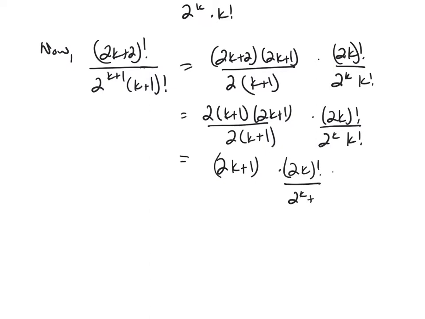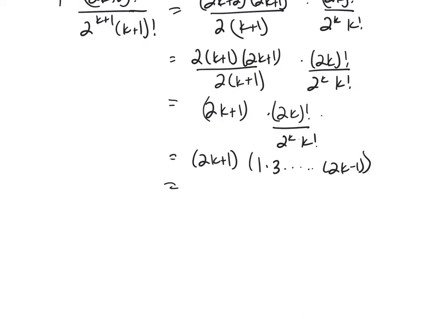And we can use our formula from earlier for the second part. This is 1 times 3 times all the way up to 2k minus 1. So if I rearrange the terms, this is 1 times 3, 2k minus 1, 2k plus 1.